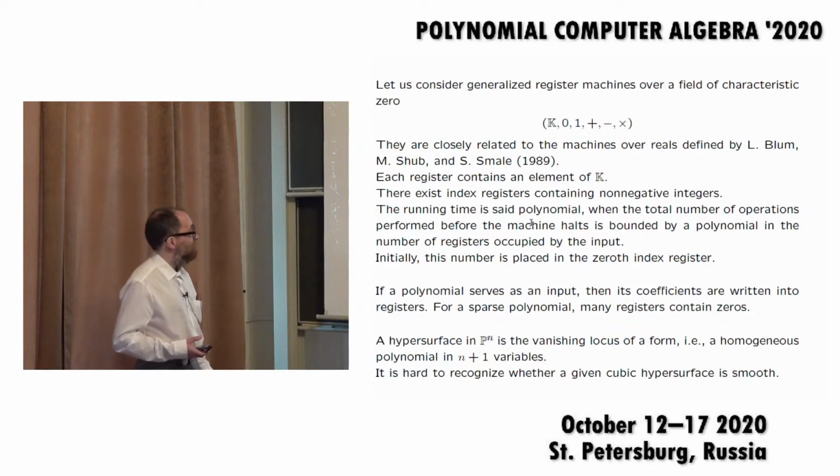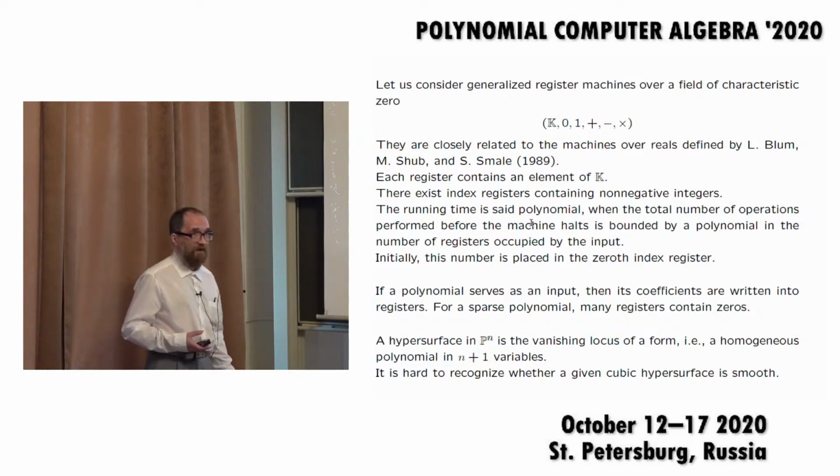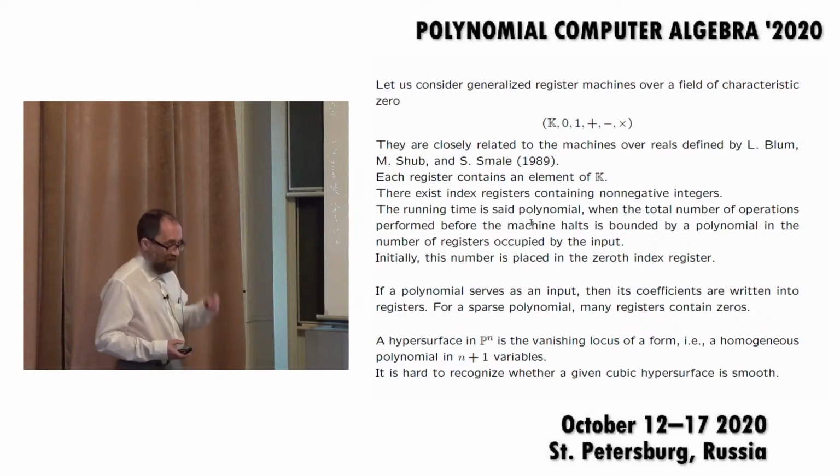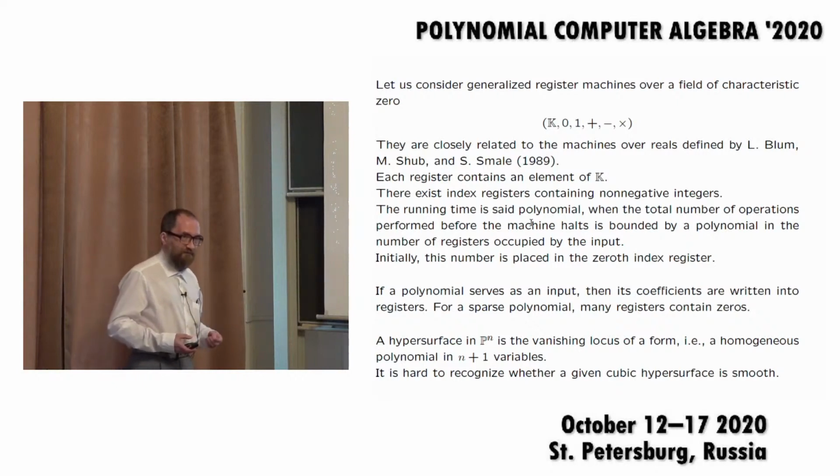The running time is said to be polynomial if the total number of steps is polynomial in this number initially placed in the 0th index register. If we have a polynomial as an input, then its coefficients are placed into registers.